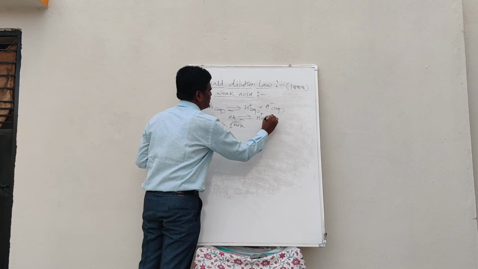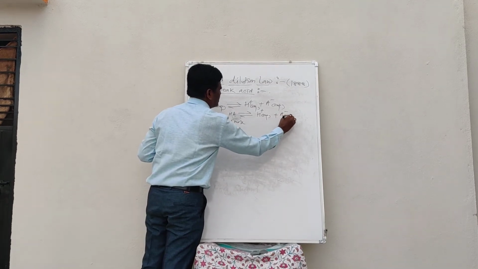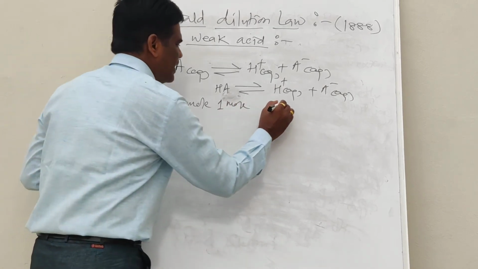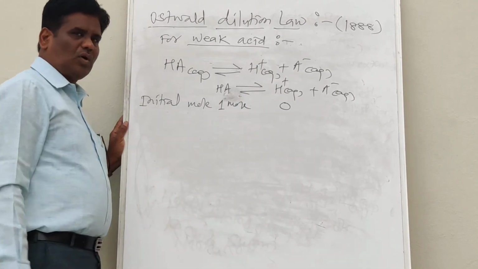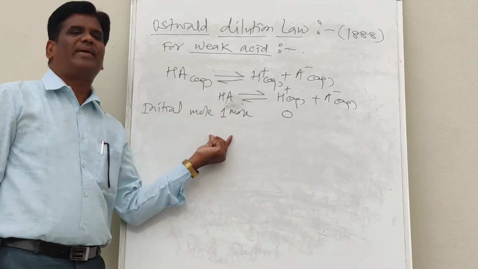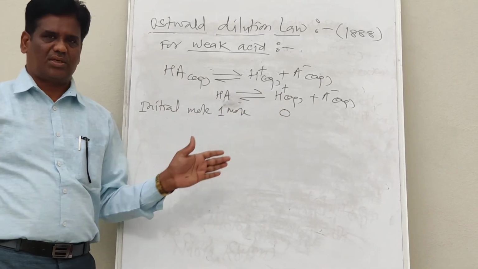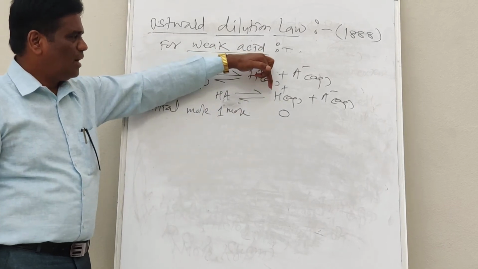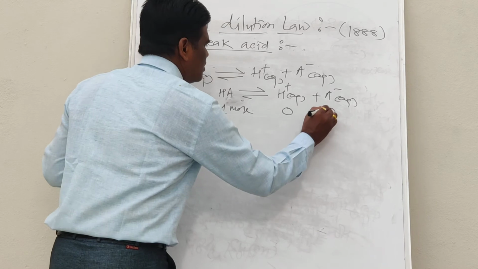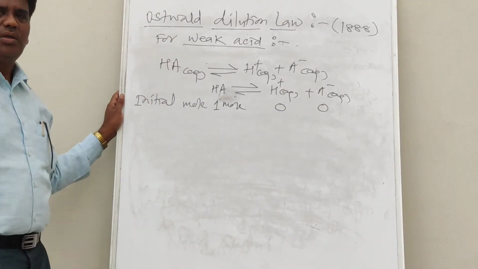What is the initial mole of H plus ion? Here it is 0. Why is it 0? Because initially 1 mole of HA is present and the reaction has not started, and therefore the initial mole of H plus ion is 0, and the initial mole of A minus ion is also 0.